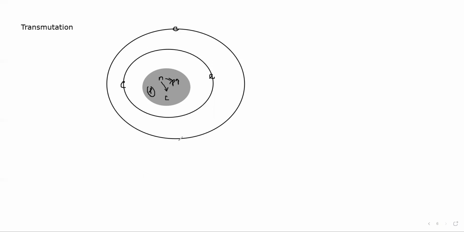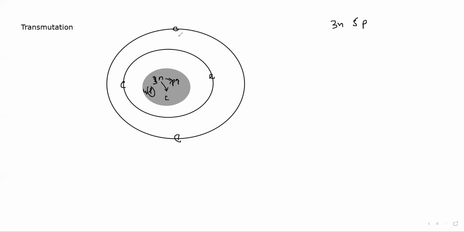Say this element had 4 protons, 4 neutrons and 4 electrons. One of the neutrons breaks into a proton and an electron. So the number of neutrons will become 3 and the number of protons will become 5.